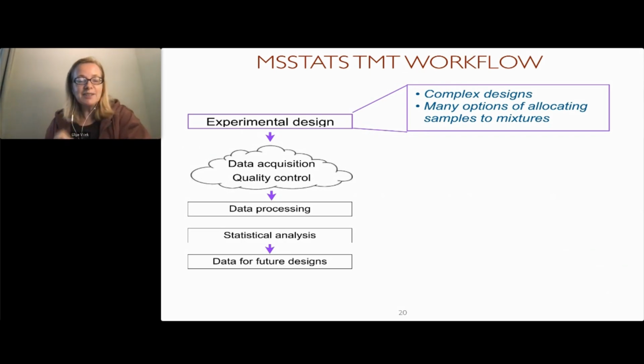So let's go back to the fact that we have many ways of allocating samples to mixtures. And this is really a key challenge in TMT experiments, which have more replicates or more conditions that can fit into one plex.